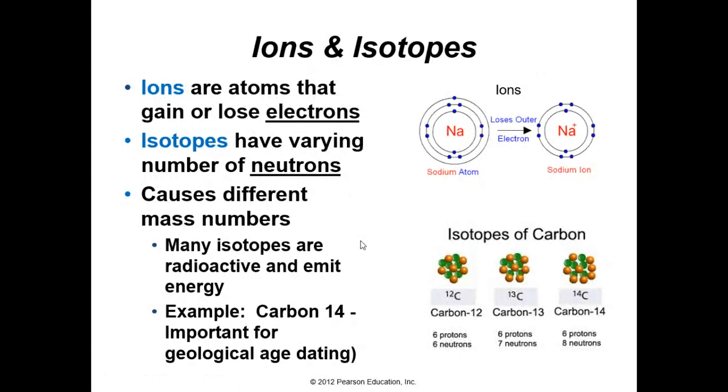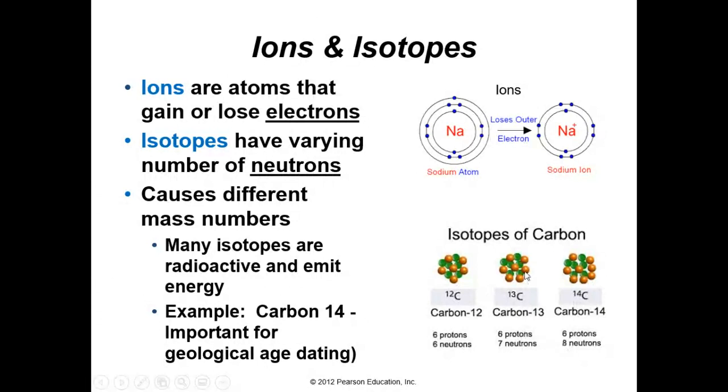One example of how this applies to earth science is with what's called carbon dating, radioactive dating using different carbon isotopes. So we have carbon-12, carbon-13, carbon-14. Carbon-12 is your run-of-the-mill standard carbon. It has 6 protons, 6 neutrons. That's found in a plentiful amount on Earth.